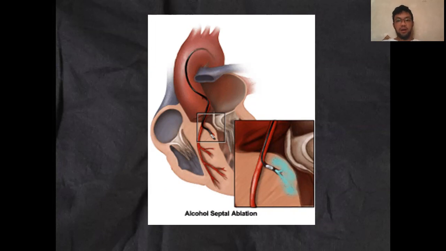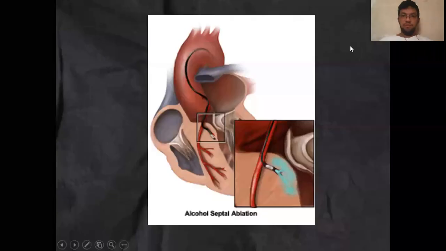Since alcohol is toxic to cells, alcohol will cause these cardiac muscle cells to shrink and die, causing the heart muscle to decrease in size. So that's what alcohol septal ablation is.